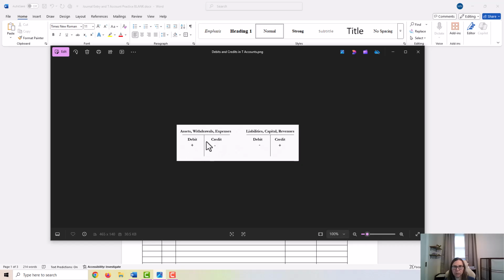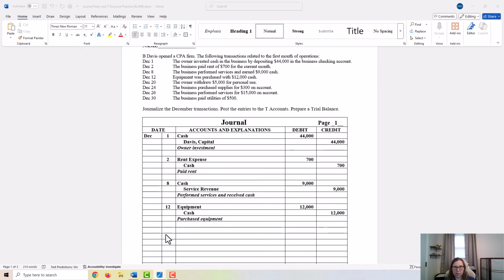And then, of course, I'm subtracting from cash, which would be a credit. So I'm going to put the date and then the debit first. And then the credit would go underneath, and I'm indenting my credits a little bit to set them apart visually.